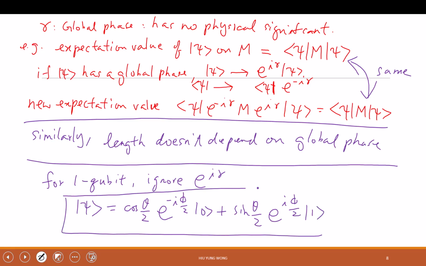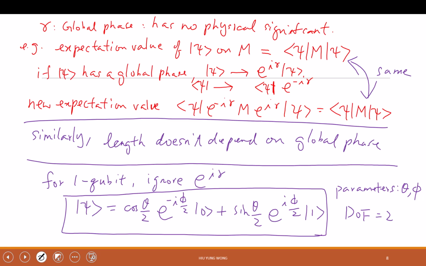This is the general expression of a 1 qubit system. How many parameters does it have? Two, theta and phi. It has a degree of freedom equal to 2.